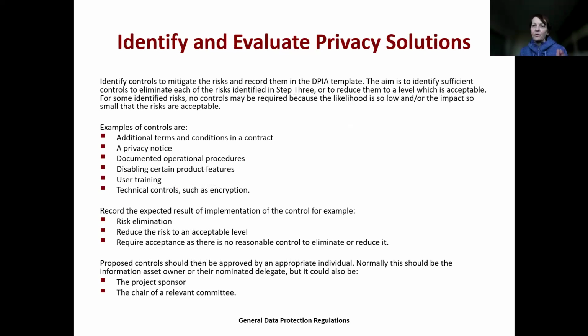Okay, how do you reduce the risk of it being outside of the EU? You ask them specifically in your agreements with them to have the servers located in the EU. So what might have been a high risk starting off has this control in place, and then that reduces what we call the residual risk to a medium or a low level. Okay, and you do that for each of the risks that you identify.